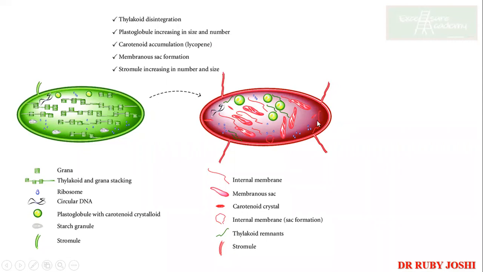Because of this, over a period of time, the green color is getting converted to yellow or orange, depending on the fruit or flower color. Okay, guys, did you get this point? Like how one plastid is getting converted to another? Yes? Okay, good.